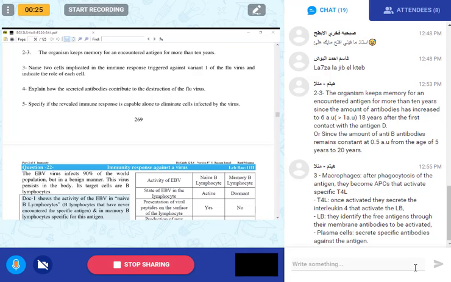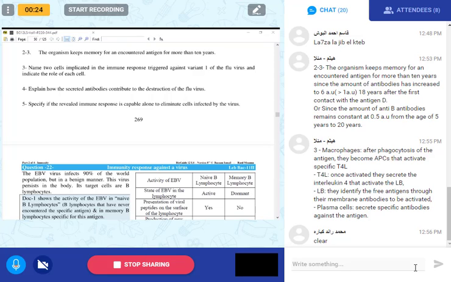Will LB identify free antigen through the membrane antibodies to be activated. Plasma cells secrete specific antibodies against the antigen. Plasma cells are derived from B lymphocytes, so we used the macrophage and T4.